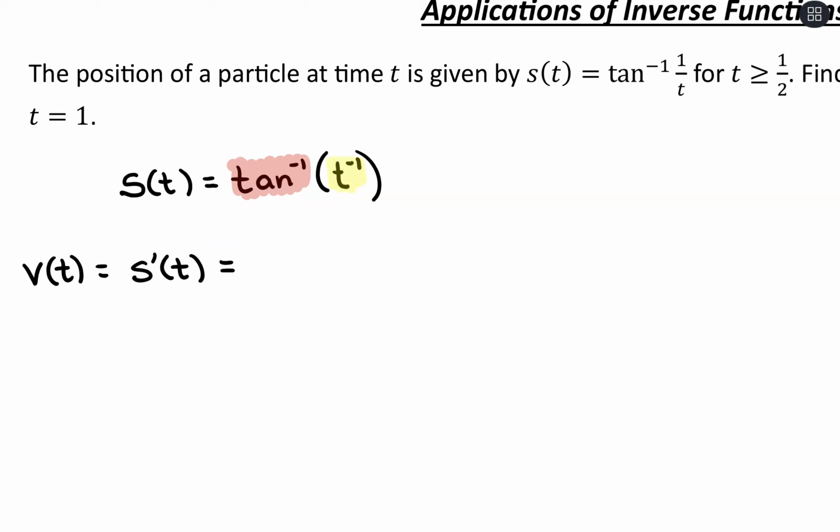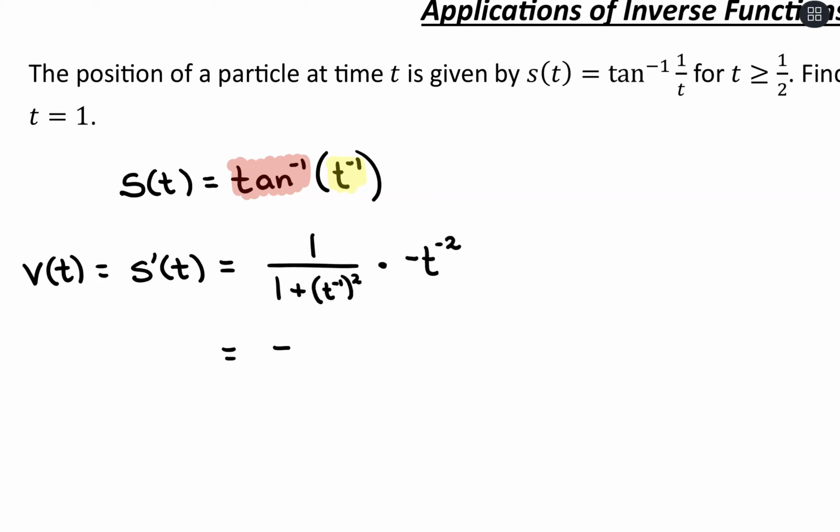Let's take the derivative. So taking the derivative of inverse tangent gives us 1 over 1 plus x squared, but instead of x being squared, we're going to have t to the negative 1 being squared. And then we're going to multiply that by the derivative of t to the negative 1, which will be negative t to the negative 2. And then we'll go ahead and simplify.